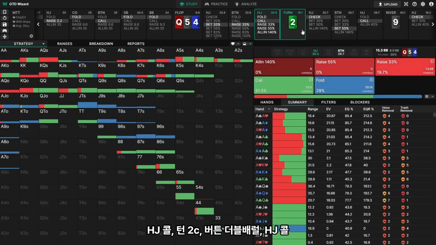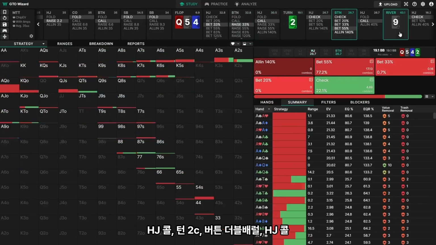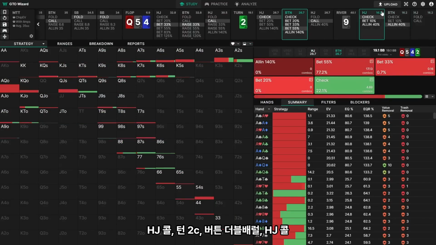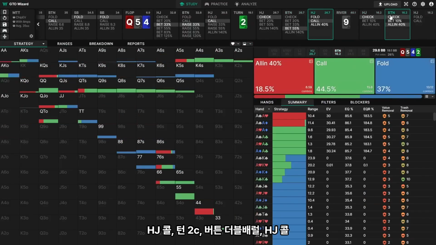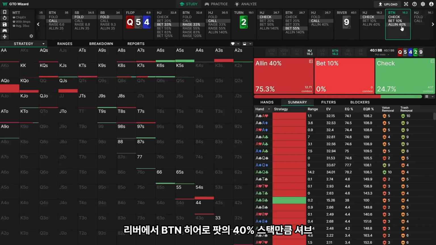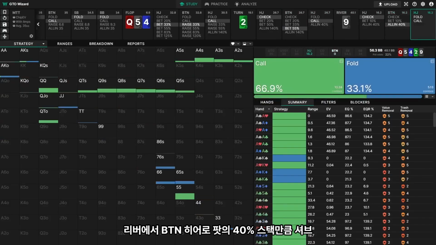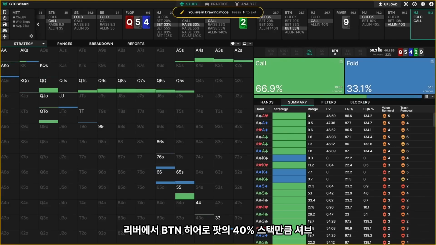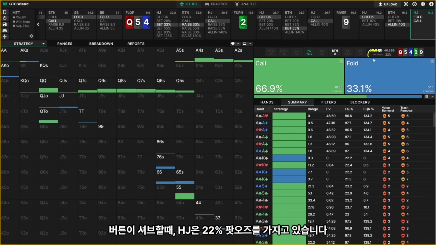Hijack calls, turn is the deuce of clubs. Barrel. Hijack calls again, and on the river we ship it in for the last 40% pot. Now, when button shoves, hijack has 22% pot odds, 22% equity to call, and therefore button should be bluffing 22% of the time.